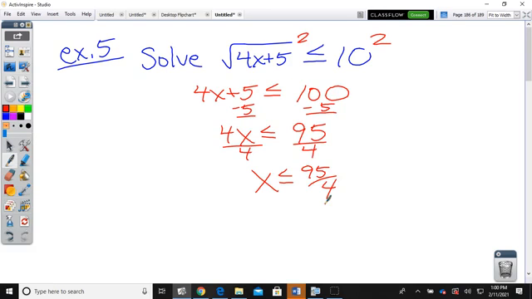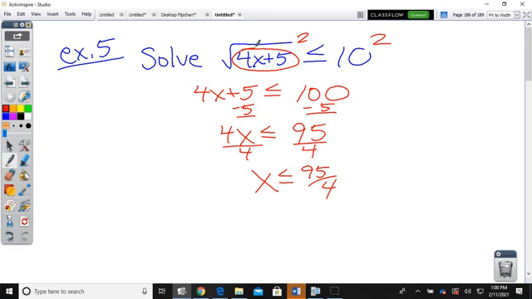So we have to figure out where my stopping point is. All you do is ask yourself, what's the lowest number that can be under there and it still be okay? 0. I can take the square root of 0, right? So I just need 4x plus 5 to be greater than or equal to 0.